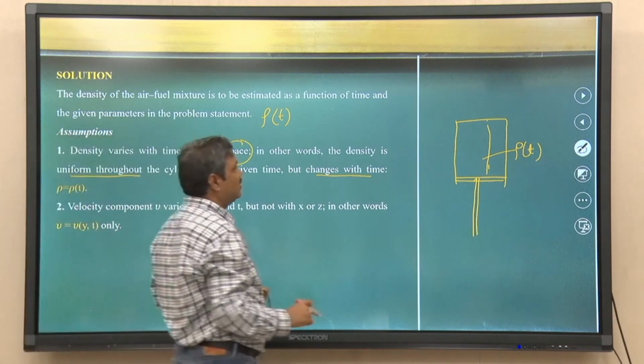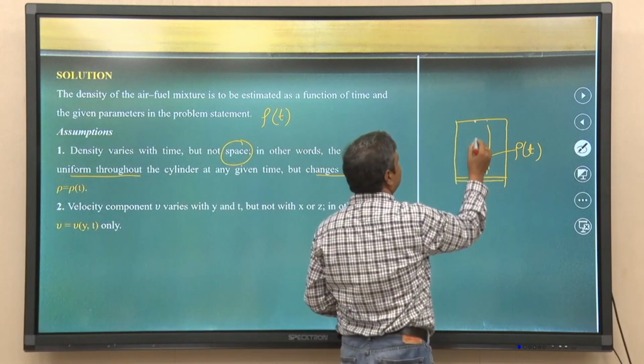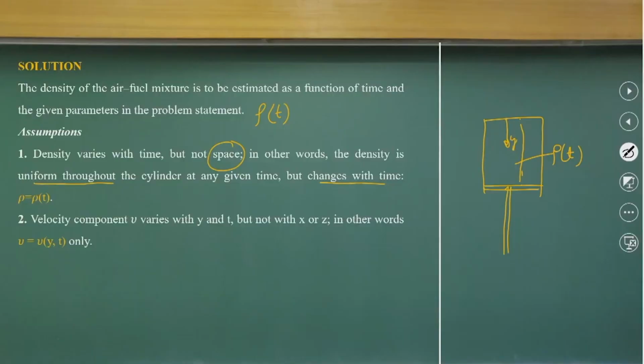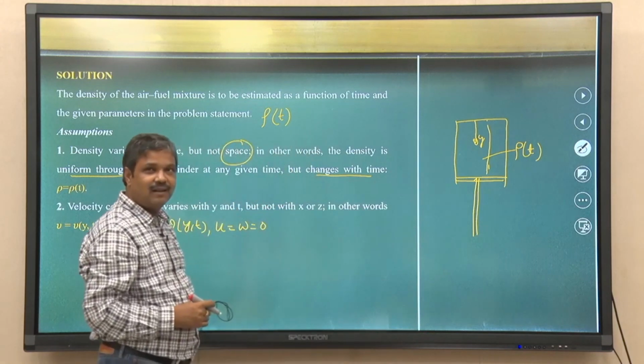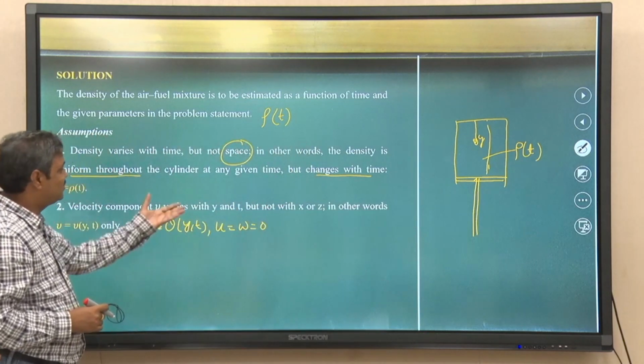Now, if you look at the problem, it is only in the y direction. There are no other directions. So, we can write the velocity in the y direction as a function of y and t. Other velocity components, like the x and z directions, can be considered 0, because this is a one dimensional problem, which we simplified.